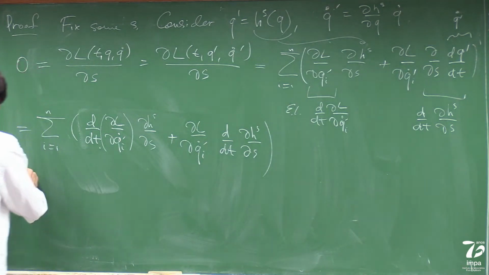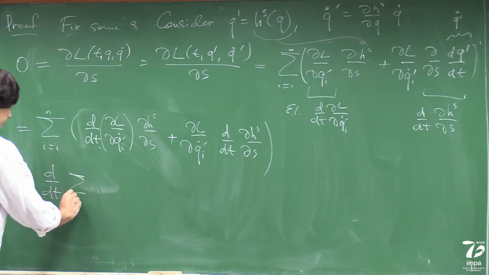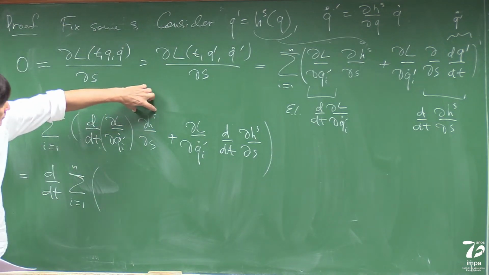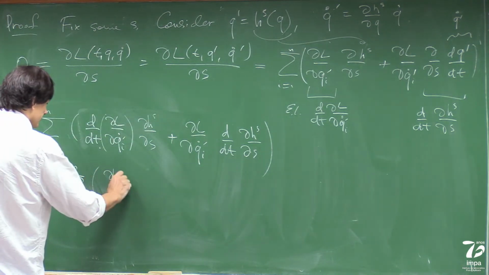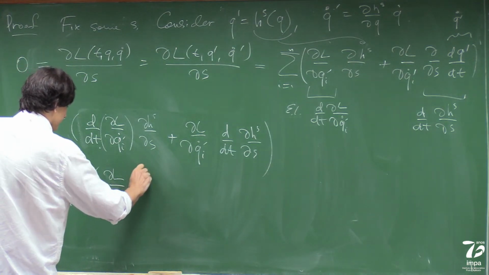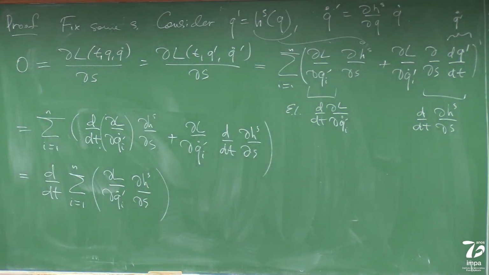So this is exactly d dt from this multiplied by that. Because it's just how you differentiate the product.